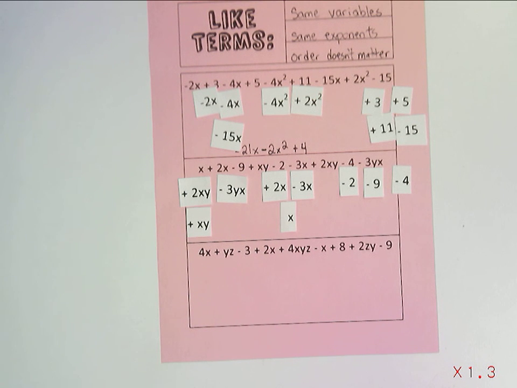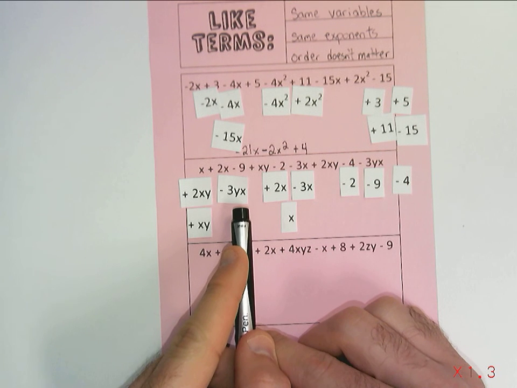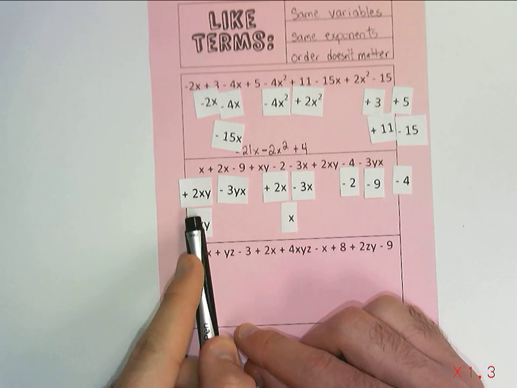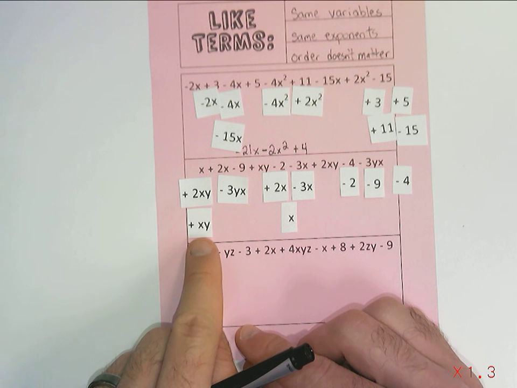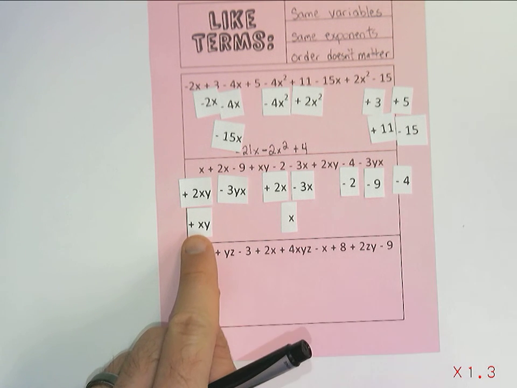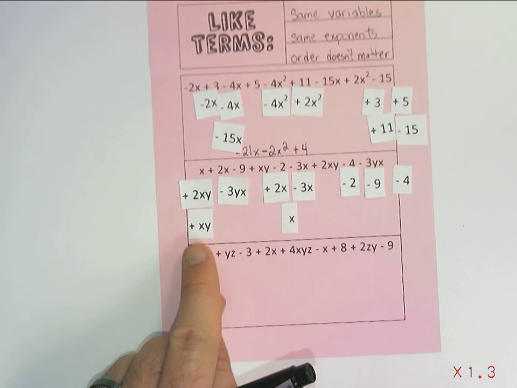So you have to do your integer operations like I mentioned earlier. So if I have 2xy, negative 3yx, which is the same thing as xy, and a 1xy, so here's where we have the problem of there's no coefficient, but it's just a 1. There's just one group of xy here. And it's a positive one because of the plus sign in front of it.